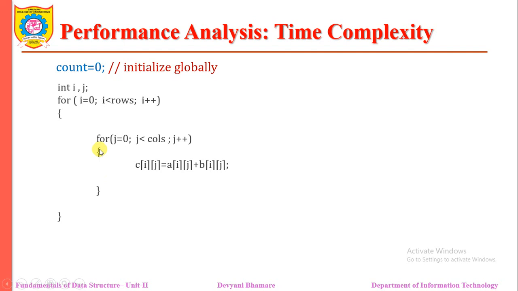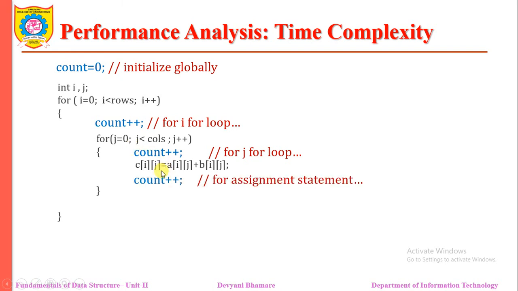That's why we increase the count by 1 for the i for loop. After that, computation is done again, so the count is increased for the j for loop and then for the assignment statement. Now assume that our row size is 4. So i is 0. Is 0 less than 4? Yes.